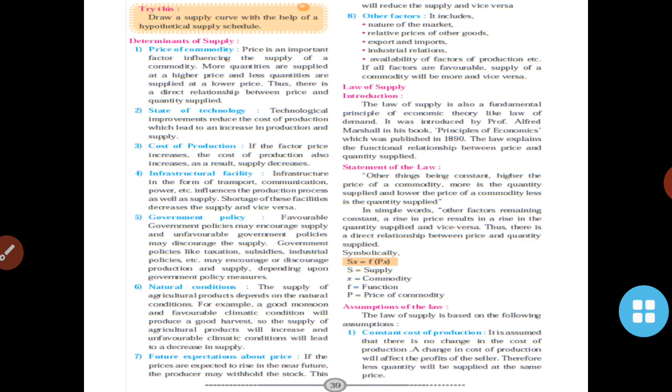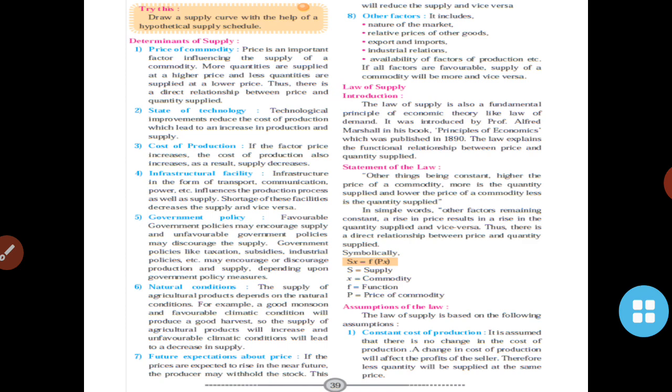Thus there is a direct relationship between price and quantity. Symbolically, Sx = f(Px), where S stands for supply, X for the commodity, f for function, and P for the price of the commodity.